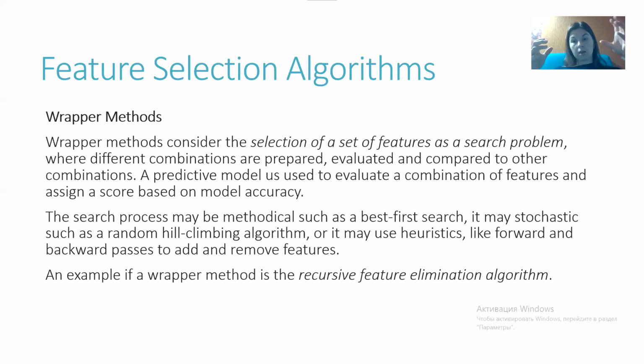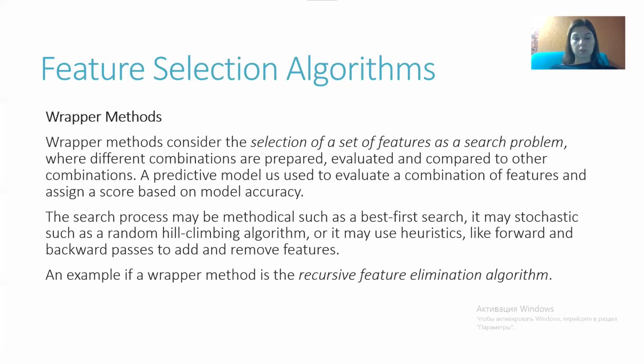So these methods use not only the data itself, but data in combination with some model. For example, if you solve a classification task, you take your classification model and your data, and try to evaluate it on several subsets of features.